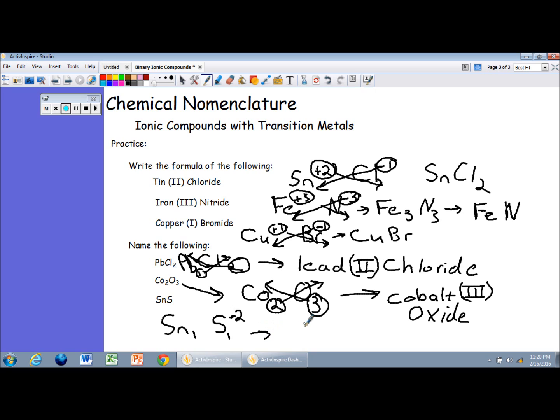So that will give us Sn2S2. If I uncross, sulfur gets its -2 back. So the name is tin(II) sulfide.